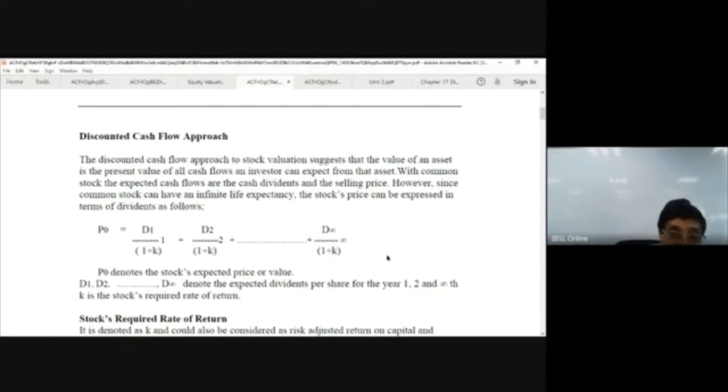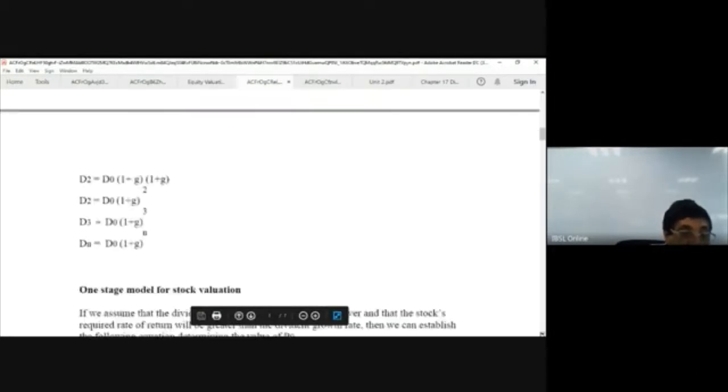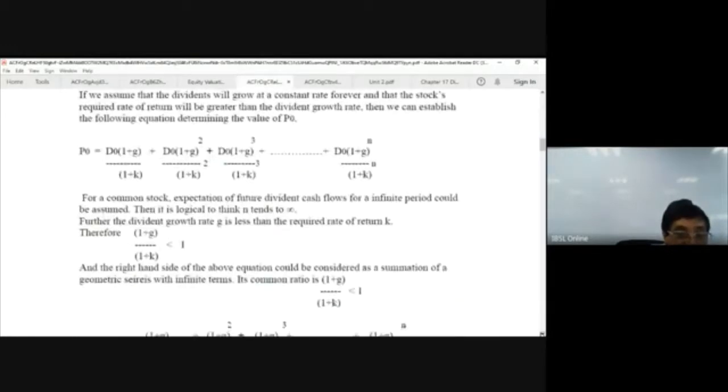It doesn't stop somewhere, so we call it a perpetual stock. We have gone through that, and we arrived at the one stage model for stock valuation in this manner.